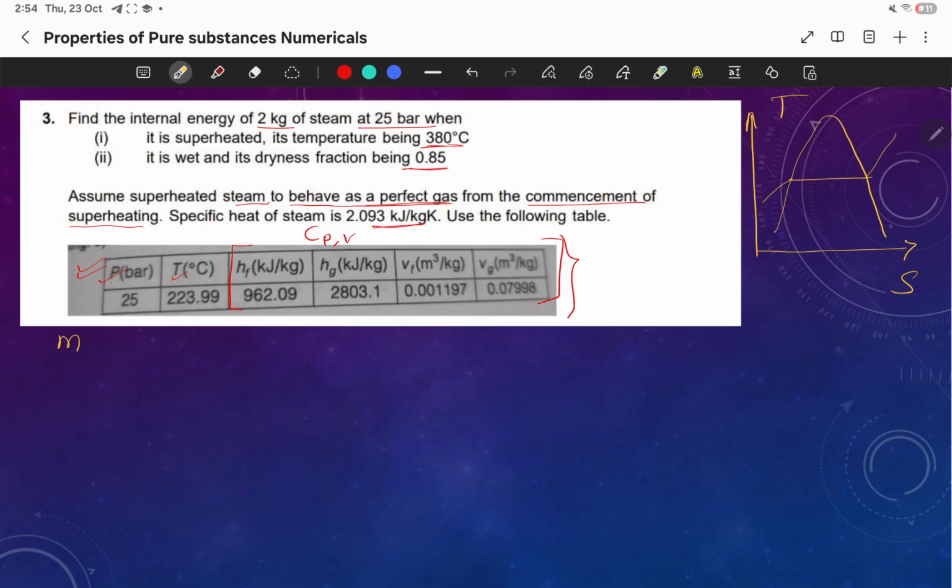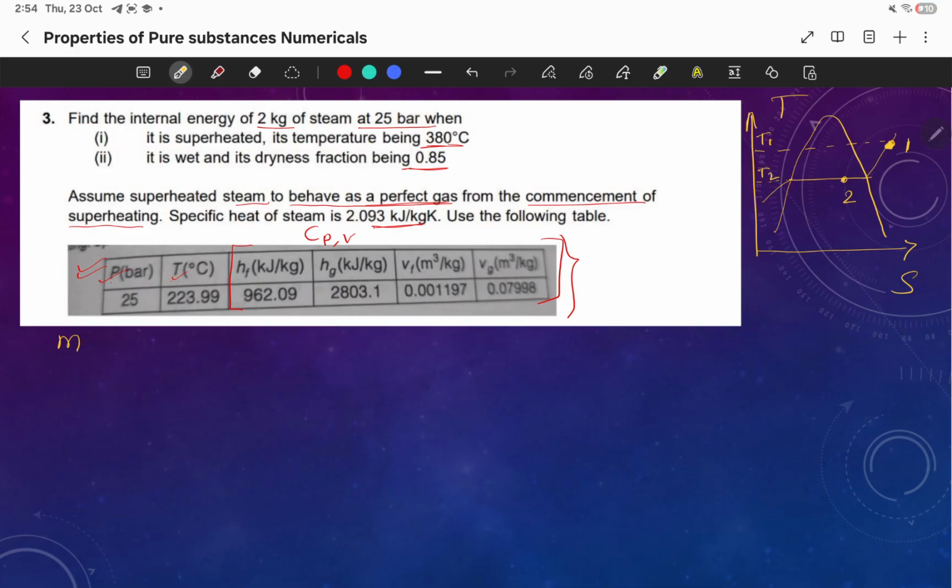So it is asking, in the first case it is the superheated region, its temperature is being 380 degrees Celsius, right? Its temperature is here. Let's take this point as 1, and it is wet and dryness fraction is 0.85, and this is 2. Okay, this is T1, this is T2. Dryness fraction is defined at 2.